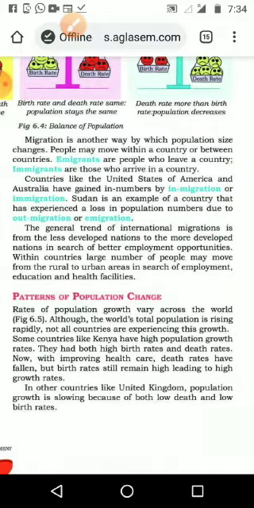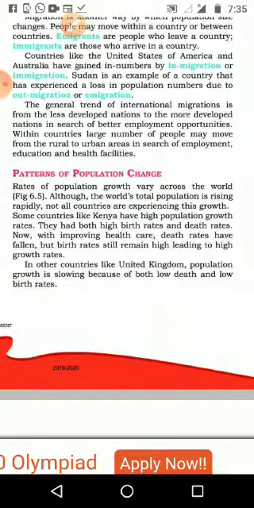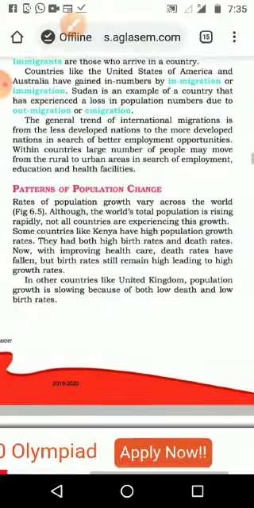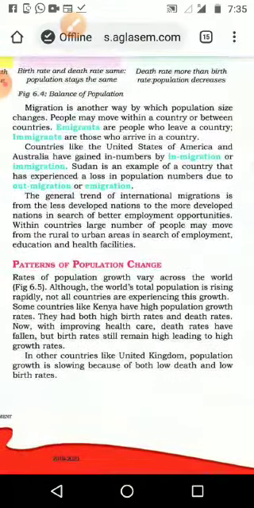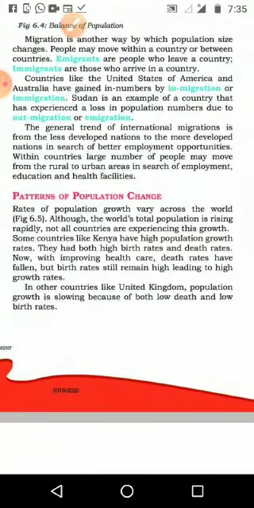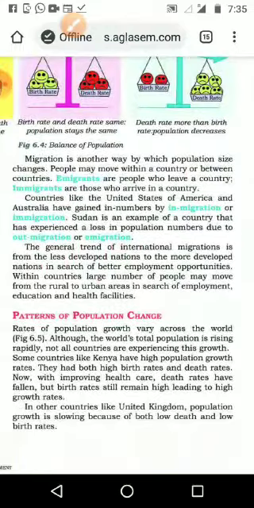Even in some areas of India, we can see that many people are going out of a place and working somewhere else. That is known as out-migration or emigration. So this is the changing of the population size only.